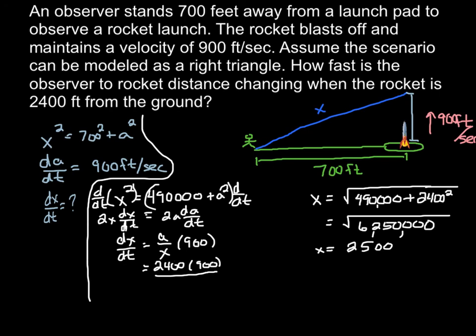So when the altitude is 2,400, the distance from the observer to the rocket is 2,500. Now, the rate at which that is changing at that time is equal to 2,400 times 900 divided by 2,500, which in this case is 864 feet per second.